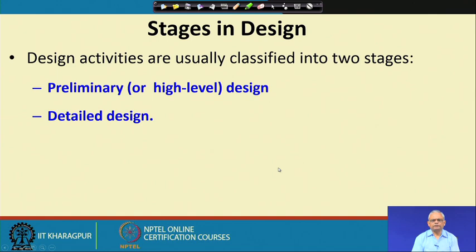Now, let us look at what are the stages in the design. There are two main stages in the design phase. One is called the high level design or the preliminary design, and the other is called the detailed design. The high level design is also called architectural design, and then we have the detailed design.